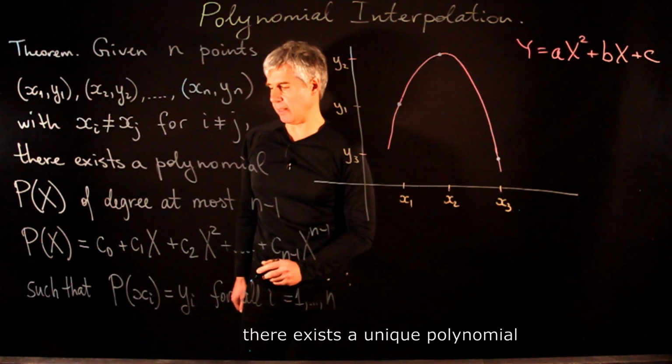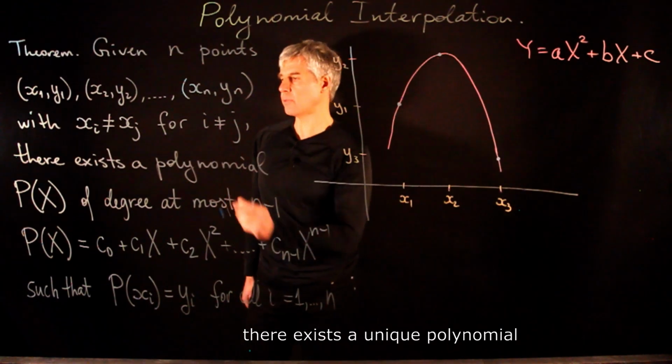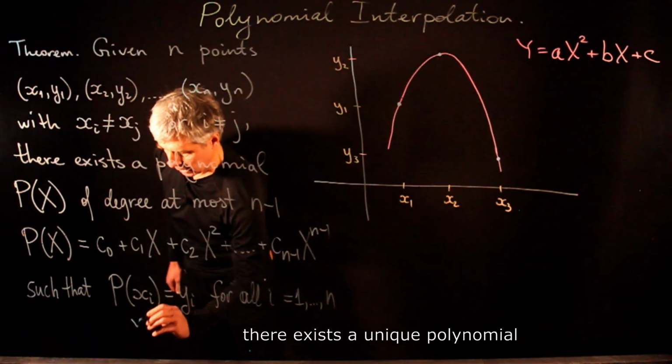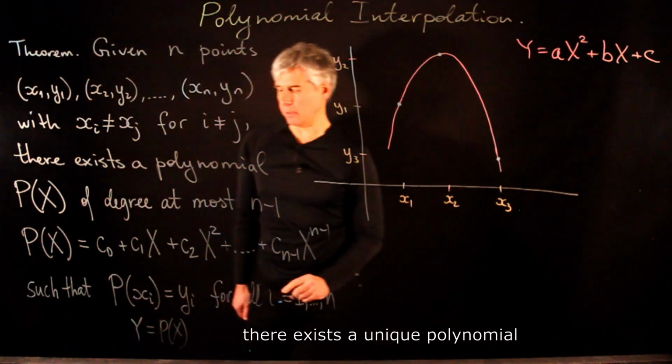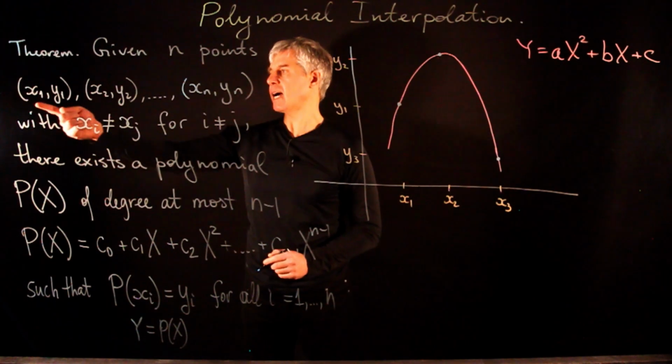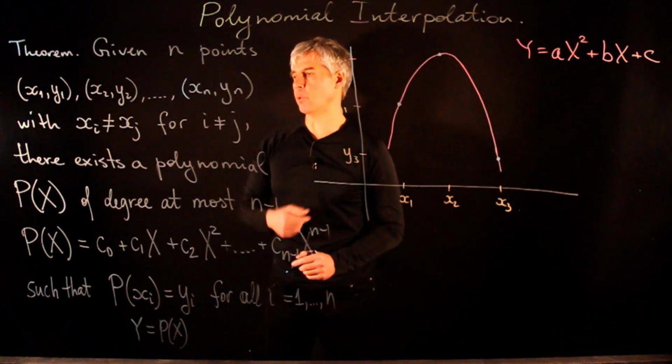So this means that if we consider the graph of this polynomial, so y equals p of x, then the graph of this polynomial will pass through all of these endpoints.